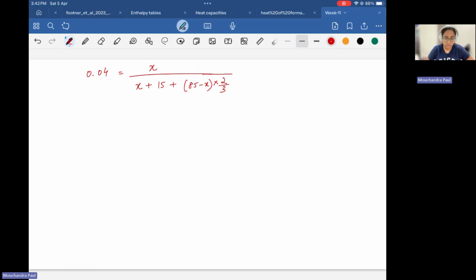This 4% is nothing but 0.04 mass fraction for FeS2. That is how we wrote this expression. Now, we have to solve this expression to get the value of x. So let's quickly do that. While you are seeing me on the screen doing it, I urge you to do it with me.